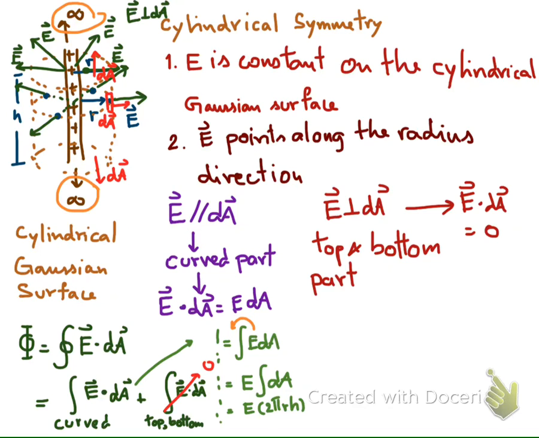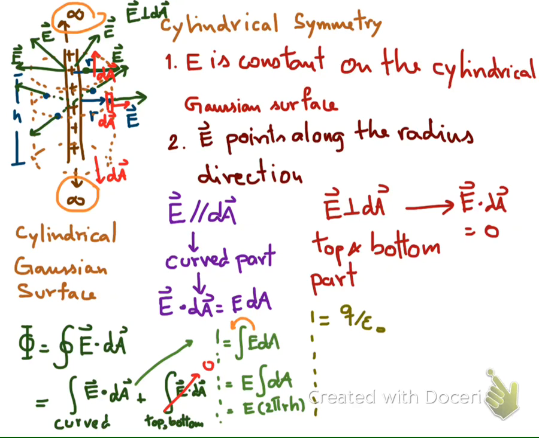And now we use Gauss's law, that this term is equal to Q over epsilon 0. We say that the charge is uniformly distributed on the infinitely long line.